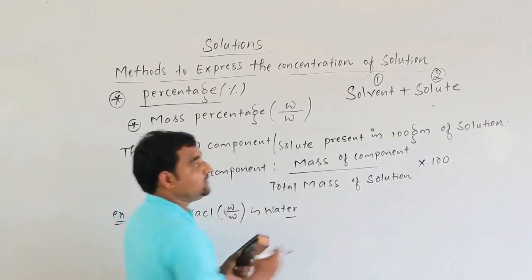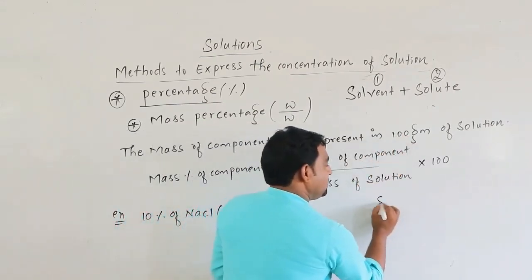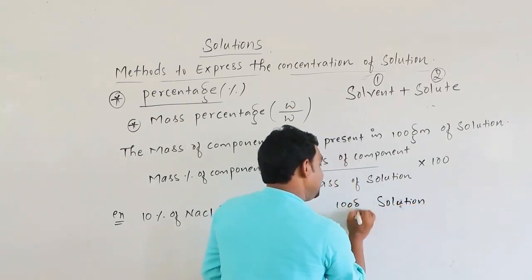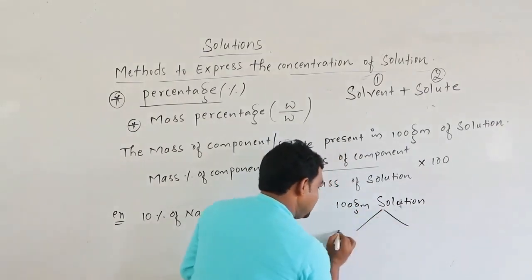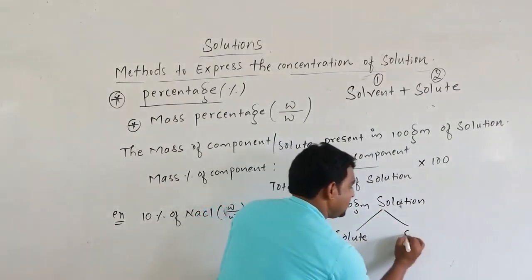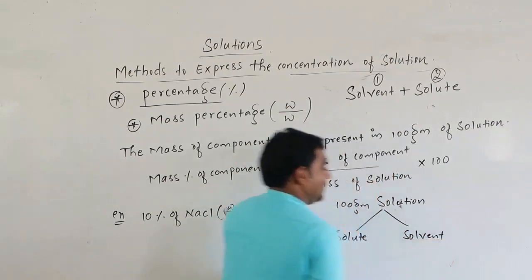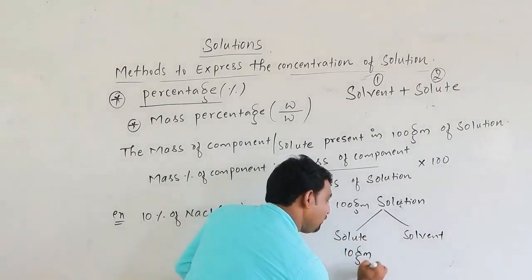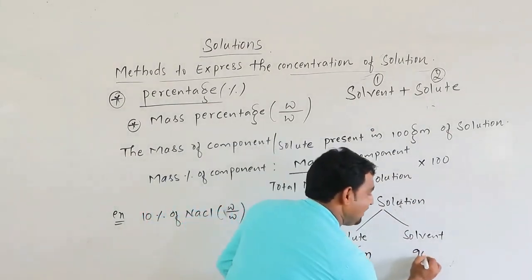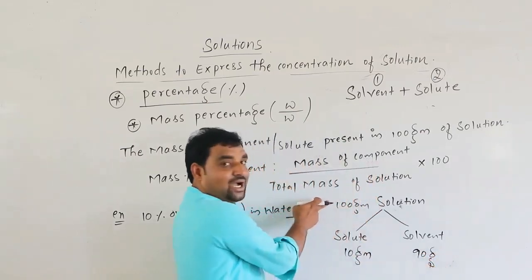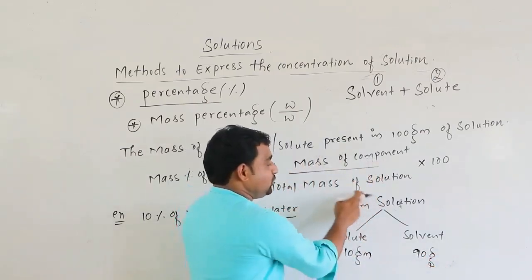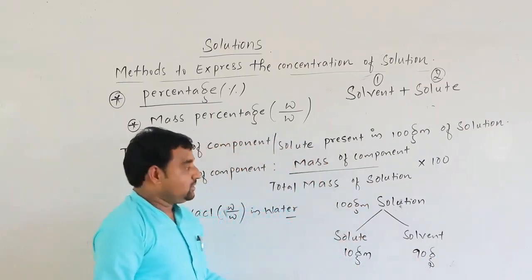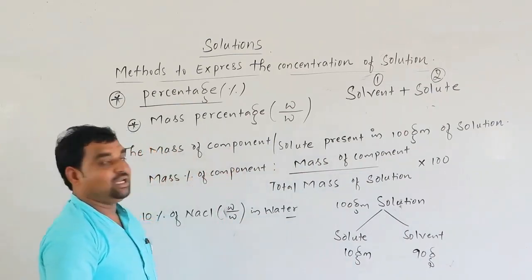Total solution should be how much? 100 gram. One is a solute, another one is a solvent. Now this 10 refers to the solute. 10 gram of solute dissolved in 90 gram of solvent to make 100 gram of solution. Out of that 100, 10 gram is solute and 90 gram is solvent. So this is the meaning of mass percentage of the component.